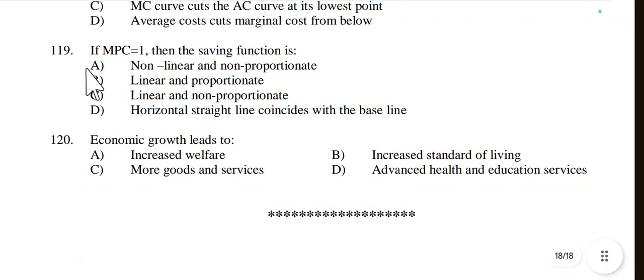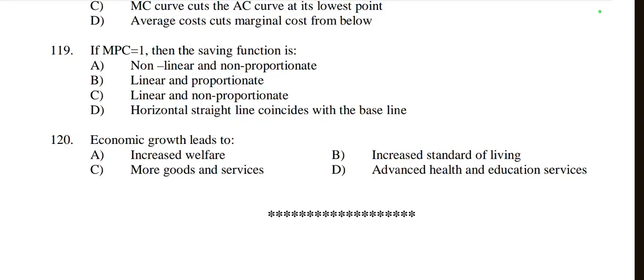Then question number 119. If marginal propensity to consume is equal to 1, then the saving function is dash. Non-linear and non-proportionate, linear proportionate, linear non-proportionate, horizontal straight line coinciding with the baseline.